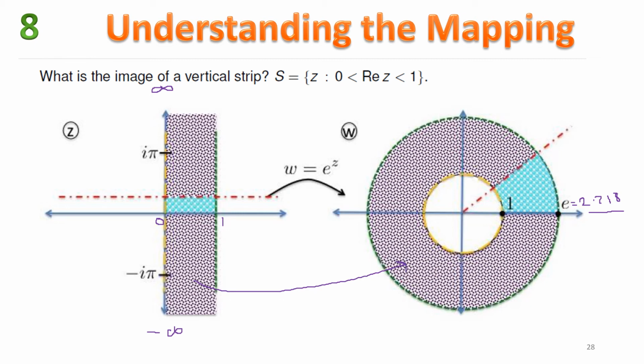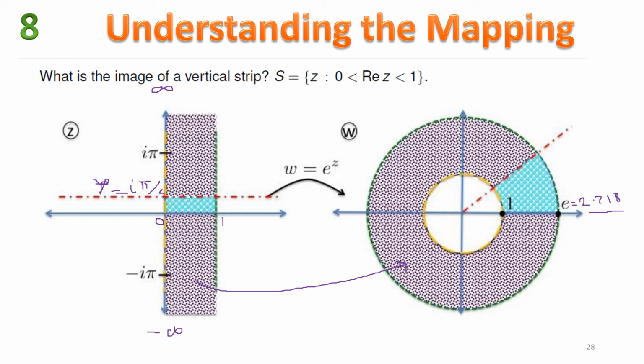Now here I am talking about pi by 4. I am having the value of y equal to i times pi by 4. This is my y. So this is pi by 4.